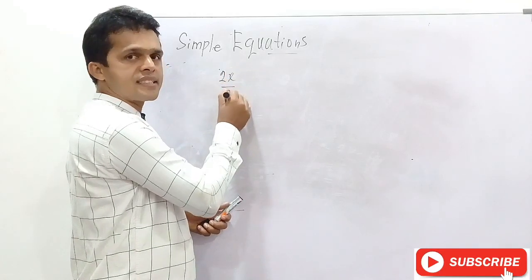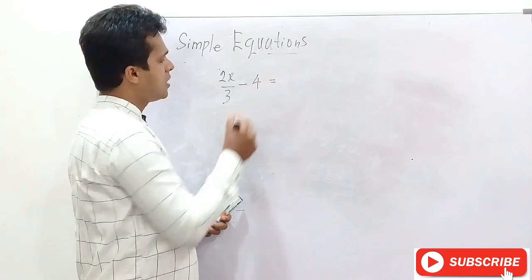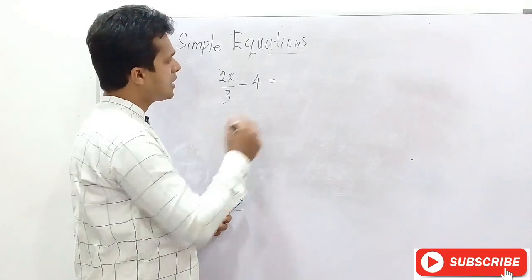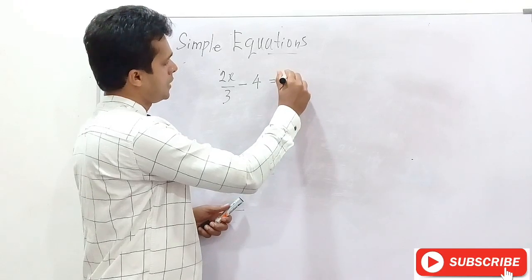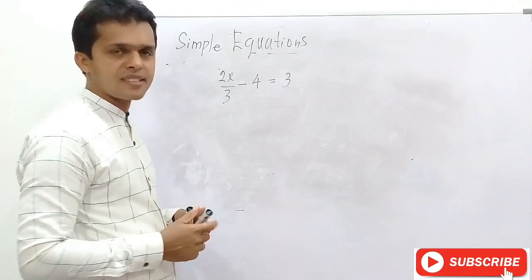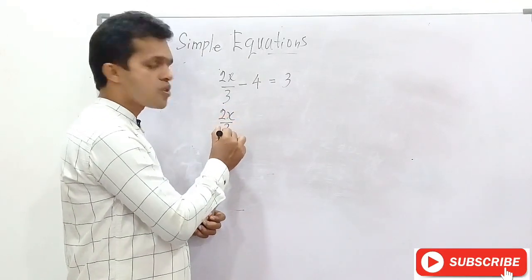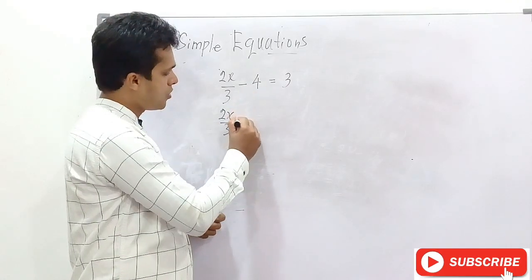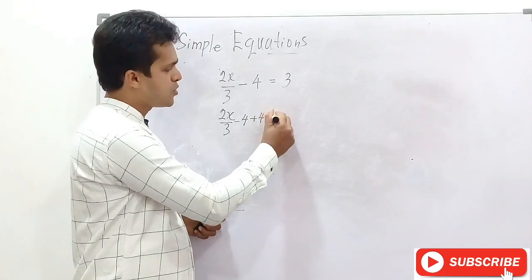2x over 3 minus 4 equals 3. How can you simplify this? How can you solve this? 2x over 3, here negative 4, so plus 4 is added to both sides.